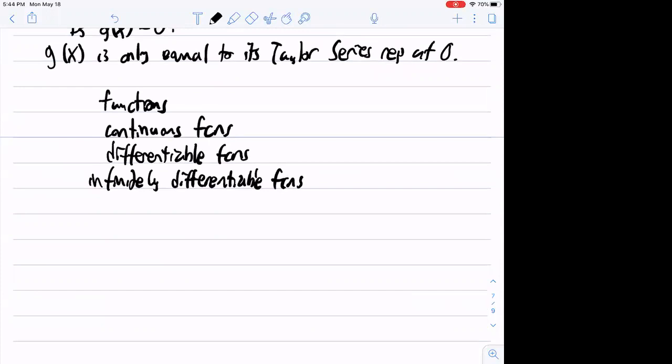The next step would be what are called holomorphic or analytic functions.